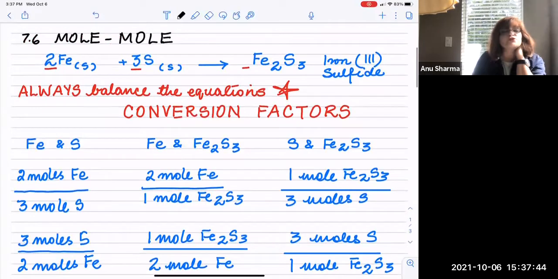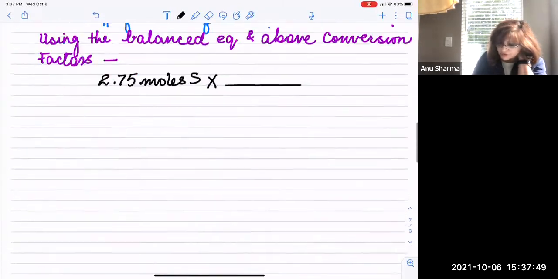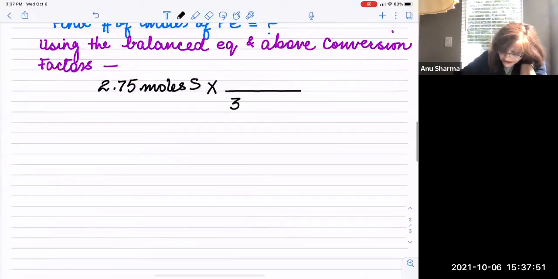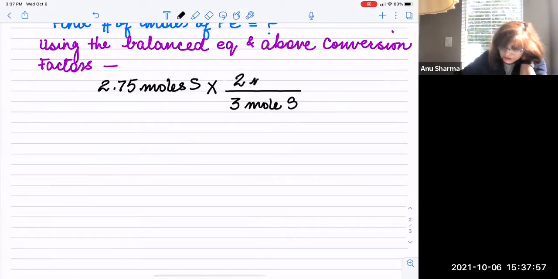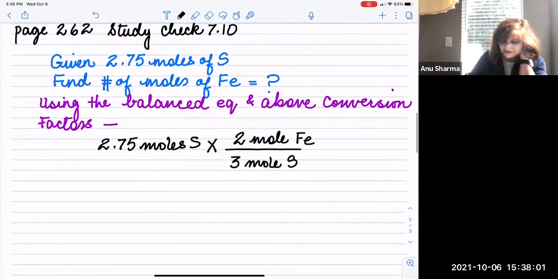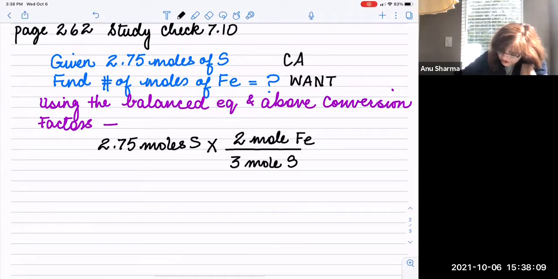So we see that 2 moles of iron are reacting with 3 moles of sulfur. We want to get rid of sulfur, so 3 moles of sulfur is in the denominator and 2 moles of iron is in the numerator, because iron is what we need. We want this, and we want to cancel this out.